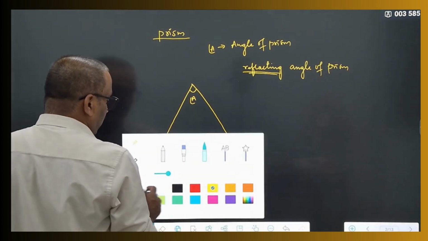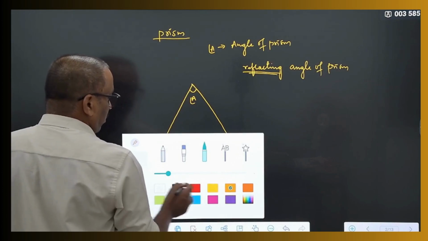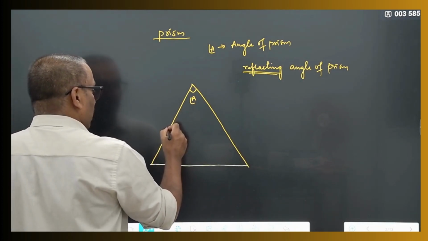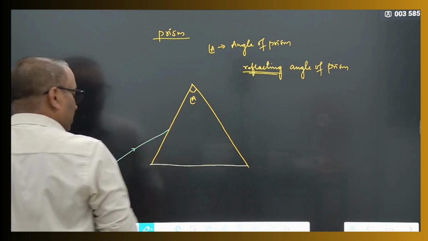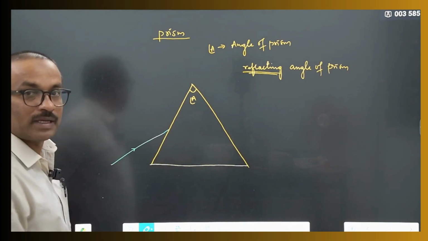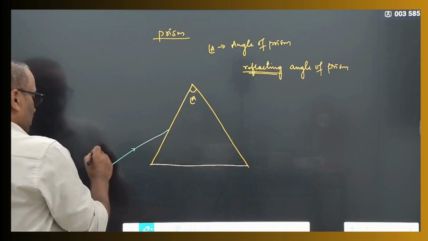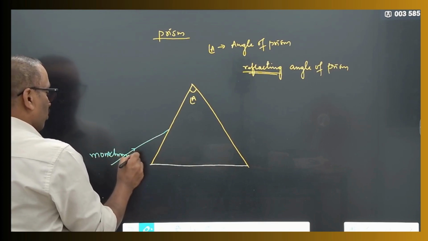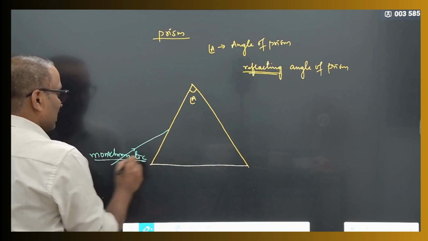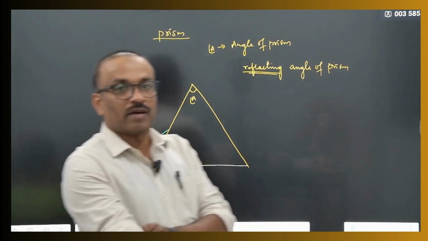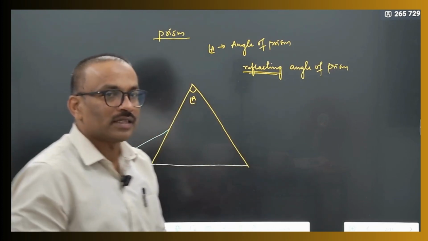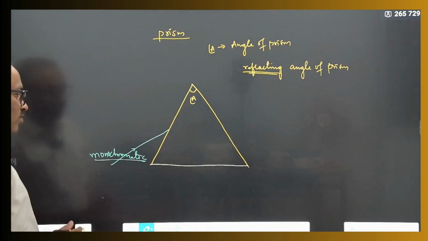Now on this prism we are going to make one light ray incident. This light ray should compulsorily be monochromatic. Monochromatic means a single colored light ray, like a yellow, red or blue light ray, of a single wavelength or single frequency.